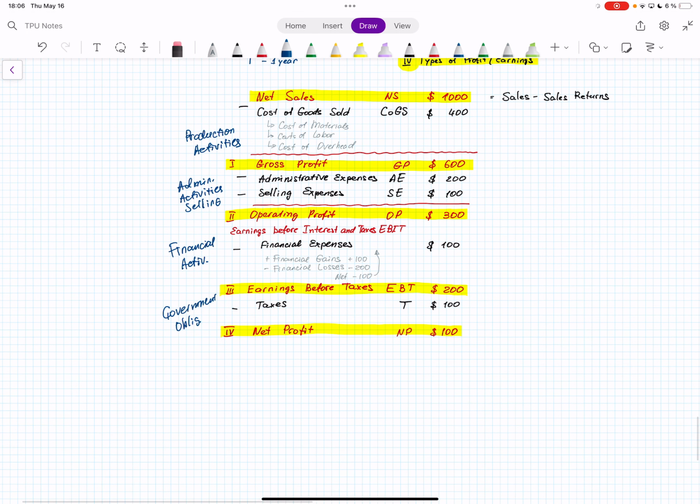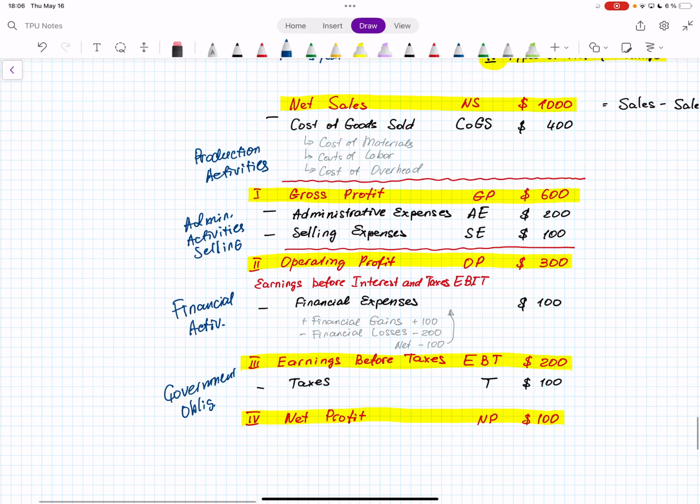So again, what are the four profits now? What's the first one? Net sales? No, the first net sales is our general income. The first type of profit, gross profit. Second, operating profit. Third, earnings before taxes, and net profit.